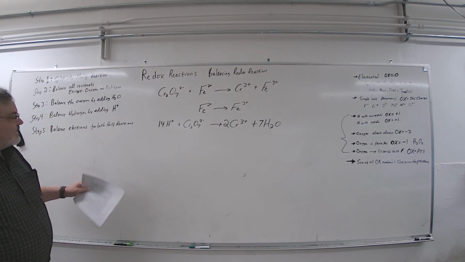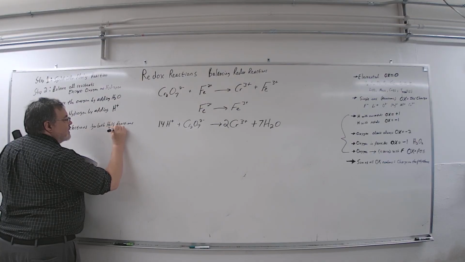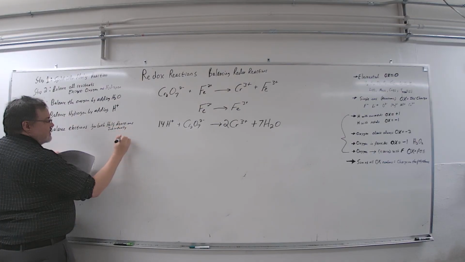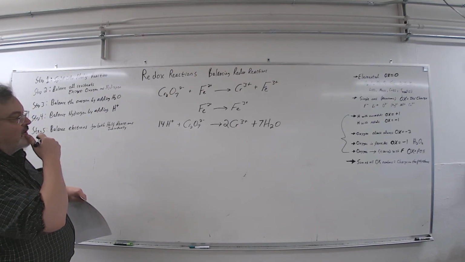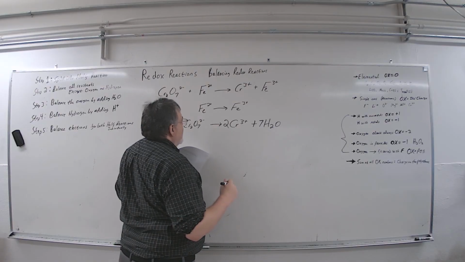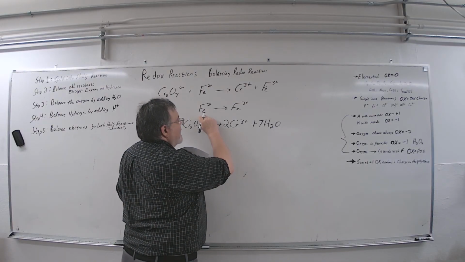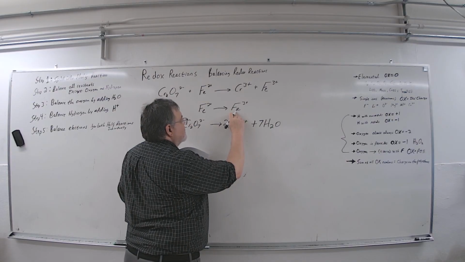Okay, so individually, you can look at the steps on here, but I'm summarizing it here. All right. We have 1 iron atom that's 2 plus, and 1 iron atom that's 3 plus.